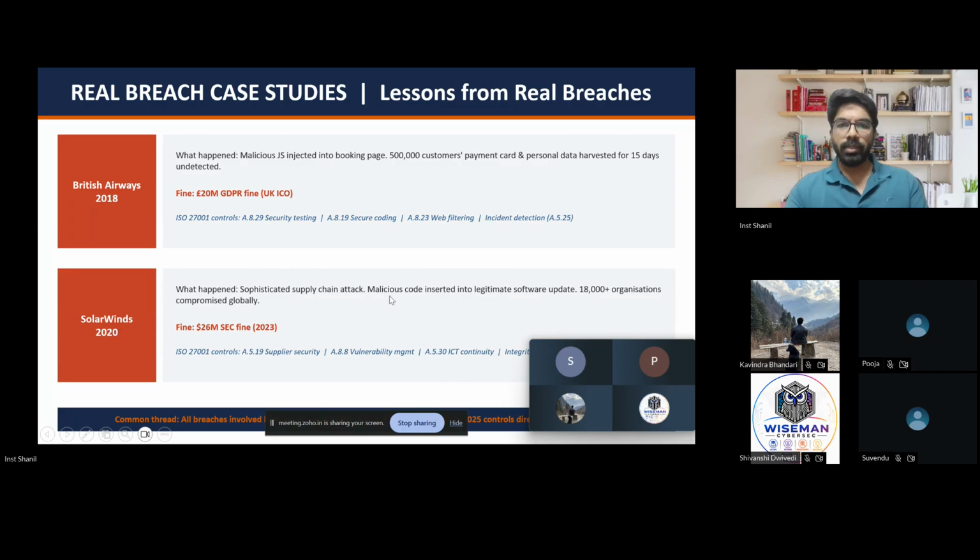So, can anyone give me an example of inserting malicious code into a legitimate software update? Any real world example from your personal lives?